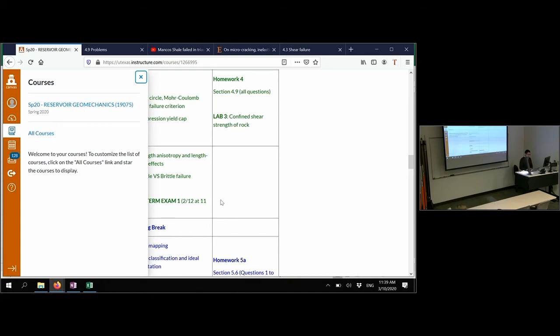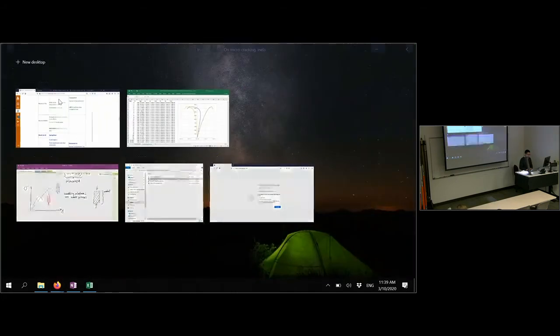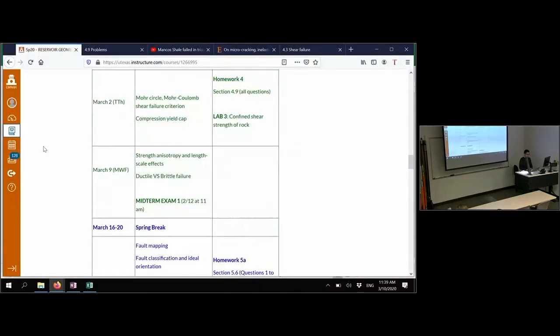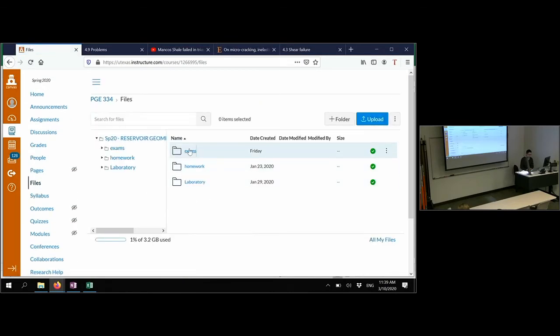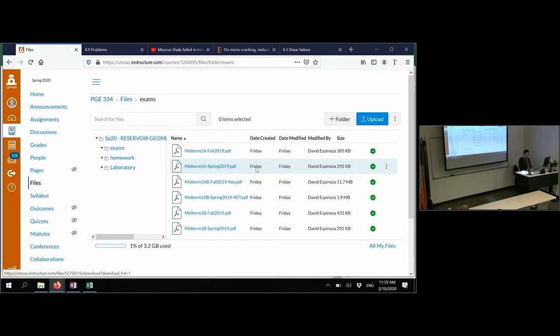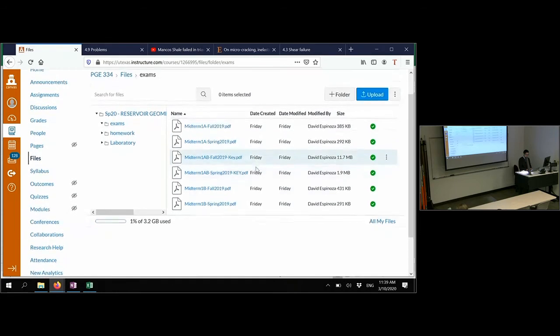So one of the practice exams, I think it was the 2017. Yeah. There was one question where you were given a log, and you had to tell if it was a strike slip fault or a normal fault. Okay. Which one? The 2019 or 2000, the fall or spring? Fall 2019. Fall 2019, okay. So let's open this, the first one.